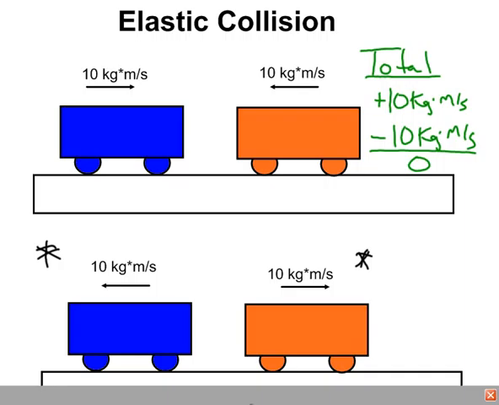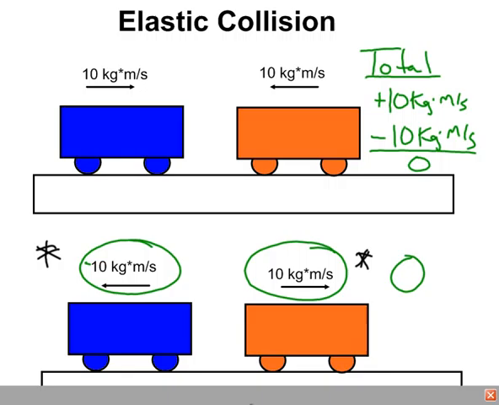As you can see, after the collision, we have the same total momentum. The blue cart has its 10 kilogram meters per second to the left, that would be negative 10 kilogram meters per second, added to the red's momentum after the collision, plus 10 kilogram meters per second, for a total of 0 units of momentum after the collision.